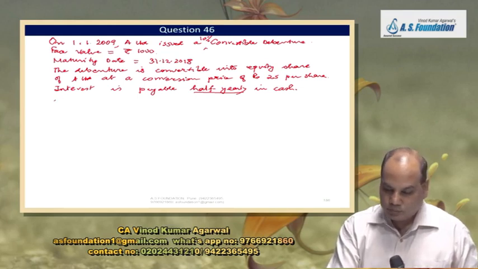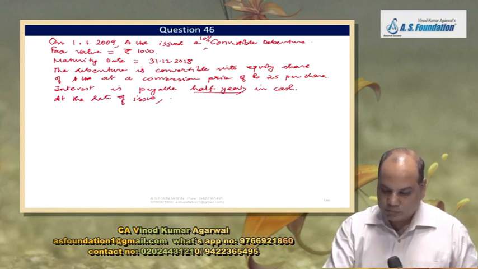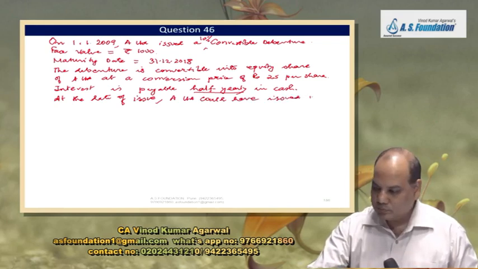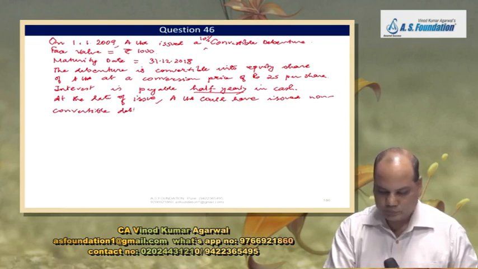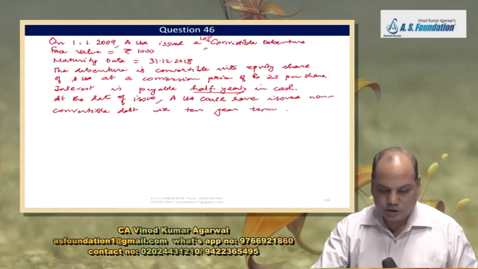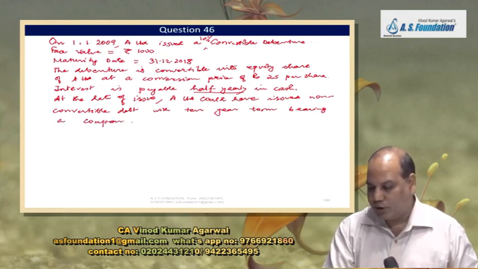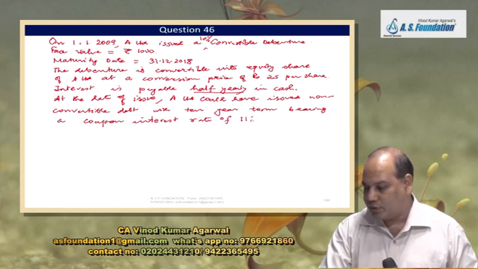Now write down. At the date of issue, A Limited could have issued non-convertible debt with 10-year term bearing a coupon interest rate of 11%.